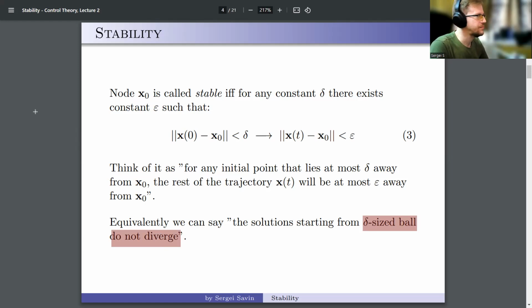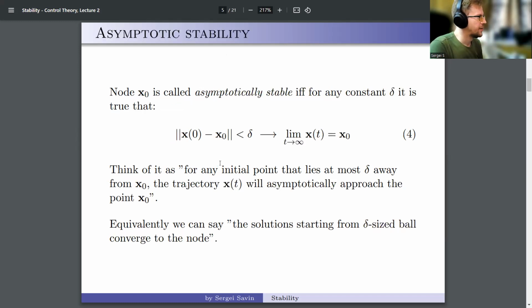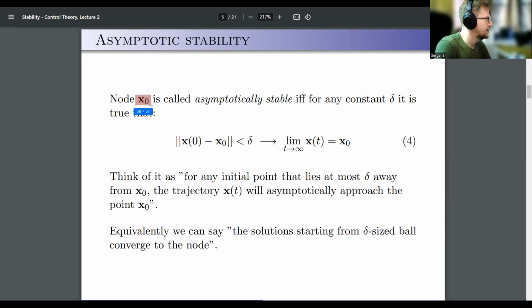Good. Now, a related concept, but very important. Let X have a node x0.